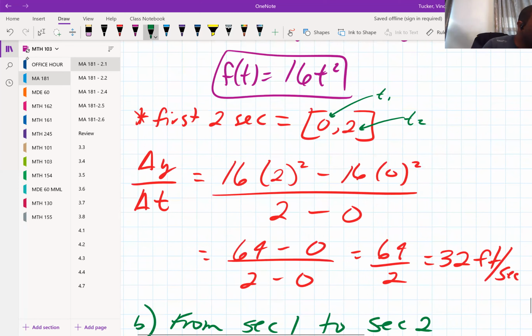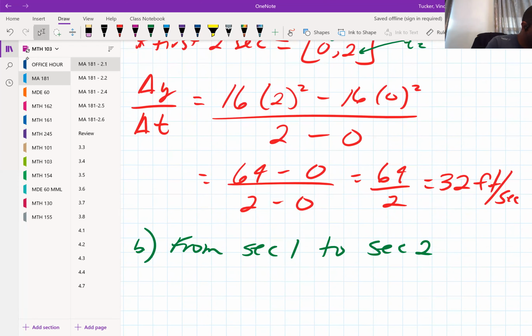Yeah. See how they wrote it. Oh, let me write that better. I'm sorry. So during the 1 second interval between second one and second two. Let me write it the way they wrote it instead of shorthanding it.